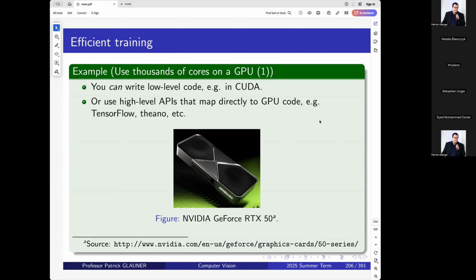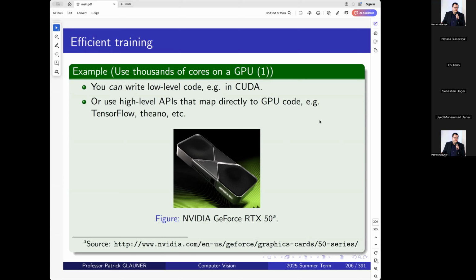A GPU is a graphics processing unit that was initially used for playing video games, and the rendering of actions in a video game can typically be described as matrix operations, or linear algebra operations in general, where you multiply matrices and vectors to move objects around.